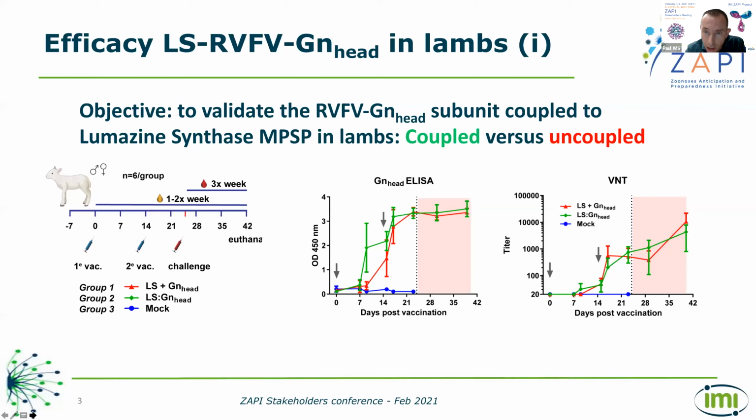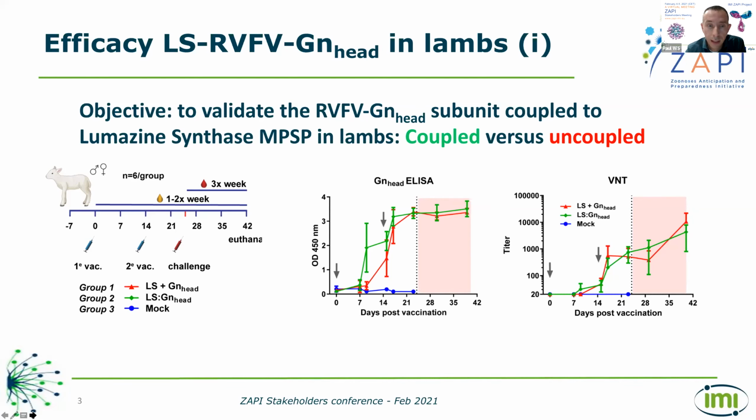Starting about 1 week post-vaccination, antibodies are induced, and you see higher levels of antibodies in the coupled group. However, at the time of challenge, antibody levels seem to be similar. Also, the virus neutralization test antibodies were similar.